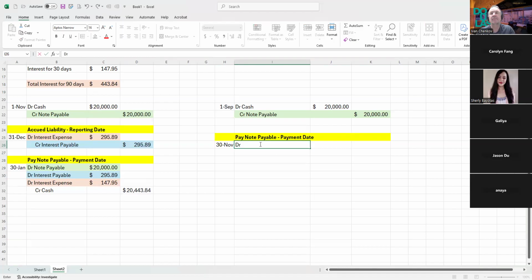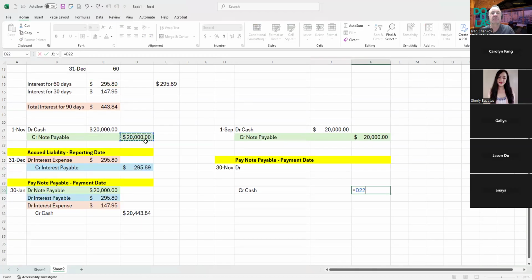Debit. First, how much cash I have to pay? Will there be a change in the amount of cash that I have to pay? No. So let's do the credit. Let's do the easiest one. Credit cash. And I pay the same cash.